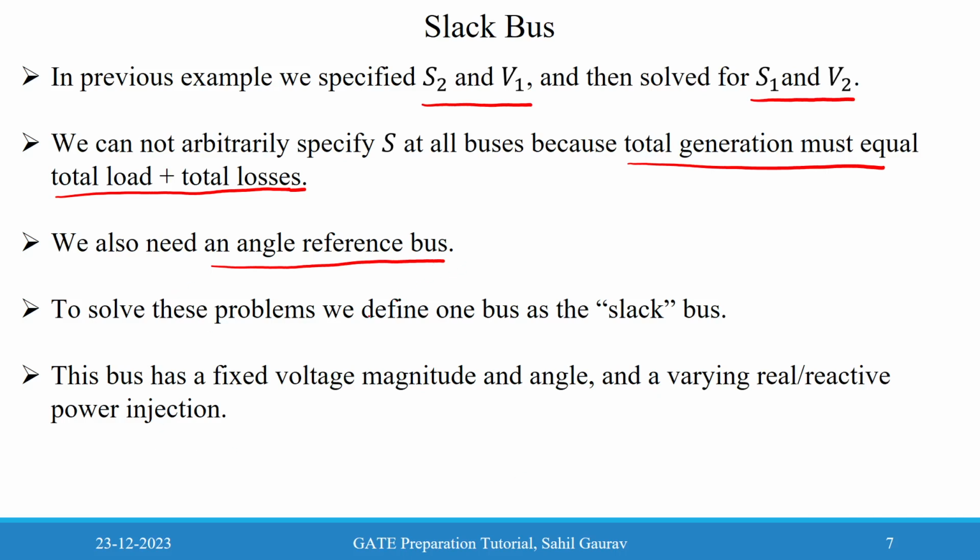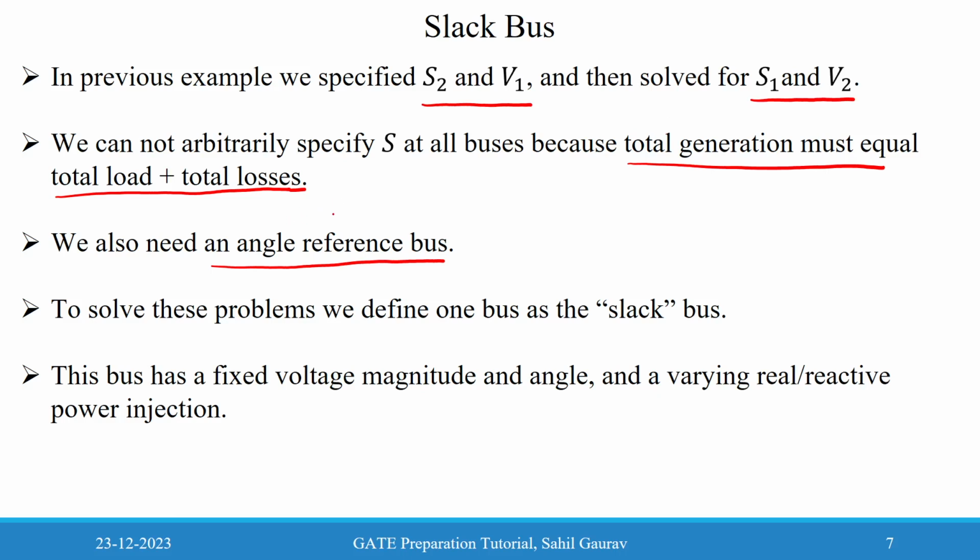With this problem we can see the importance of the slack bus in the power system. The slack bus provides a fixed voltage magnitude and angle, and it has varying real and reactive power injection. That is why total generation equals total load plus total losses.